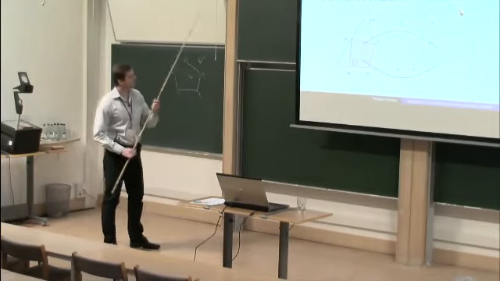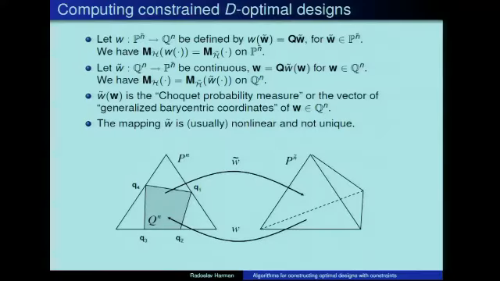So, very briefly, we need to operate with two functions. The first function, italic w, is defined by this formula.